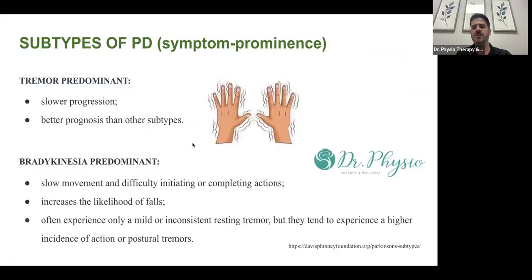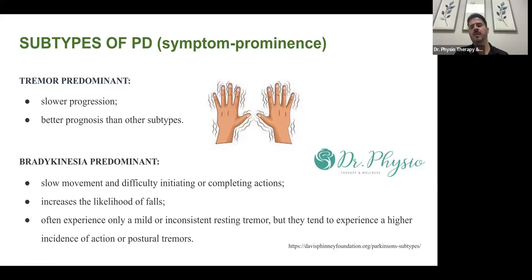And one thing that's also good for the knowledge base is the subtypes of Parkinson's disease. Okay, there are different ways to name that. I'm going to use the classification based on the symptoms.